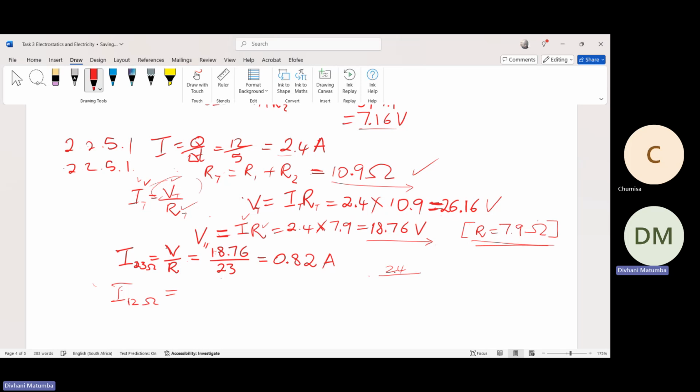Let's say if that's water, 2.4 amperes of water flowing in a pipe, and then one branch took 0.82 ampere of current flow. What will be the remainder of the other branch?